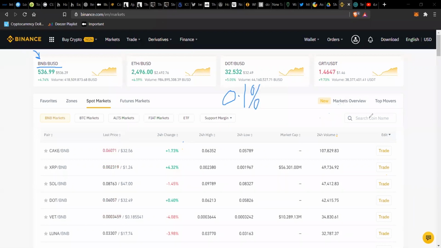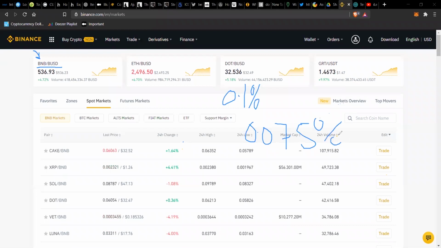So what does this mean? If you are buying a coin, they take 0.1% of whatever volume you are dealing with as the transaction fee, buy or sell. But if you have BNB available in your wallet, instead of taking 0.1%, they charge you 0.075%.